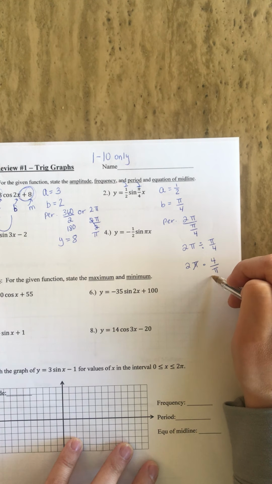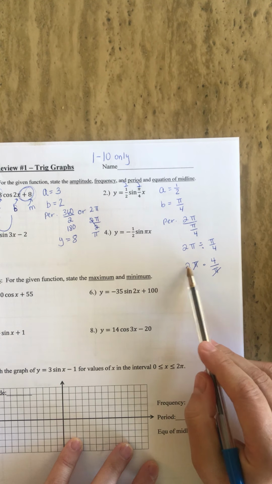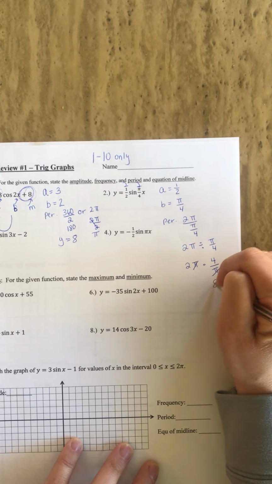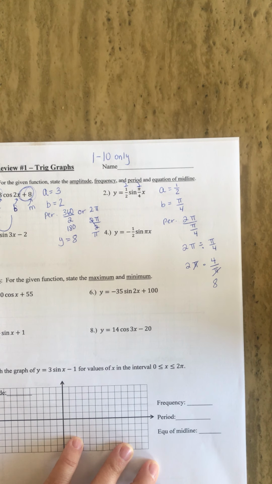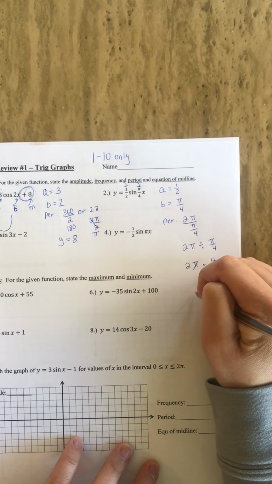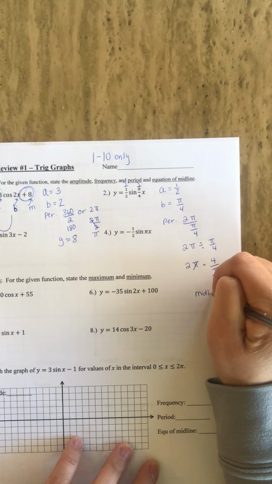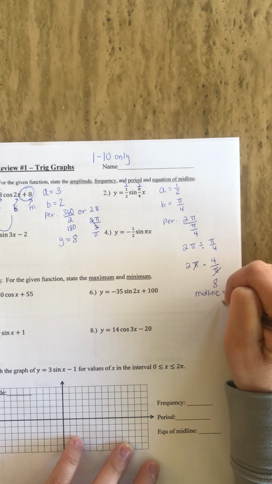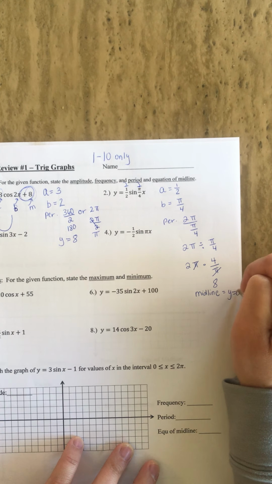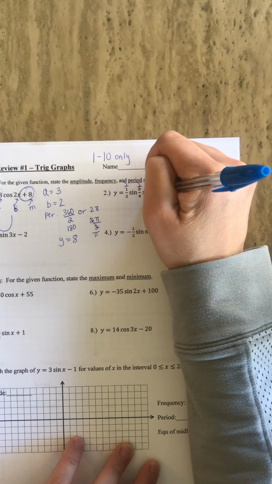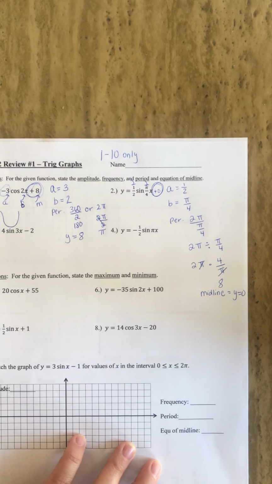You're going to see that the pi and the pi cancel out, and we have 2 times 4, which is equal to 8. Okay, and the midline is y is equal to 0, because we have plus 0 here. That would be our midline.